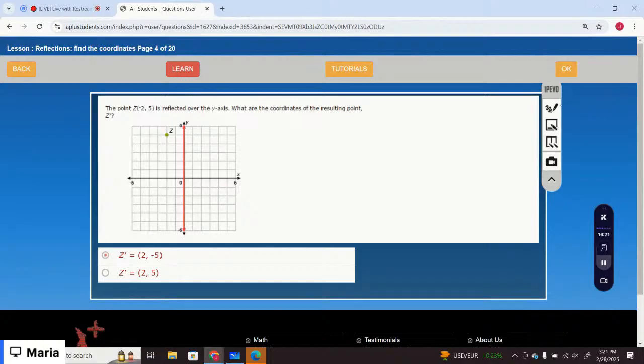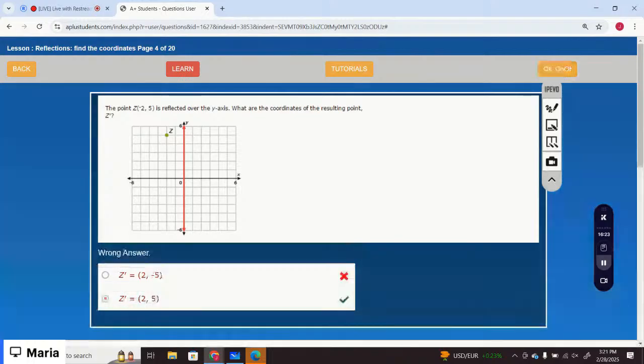Option number 1 is the correct option. Okay, you can complete the lesson by yourself later today. Let's just move on to the next lesson.